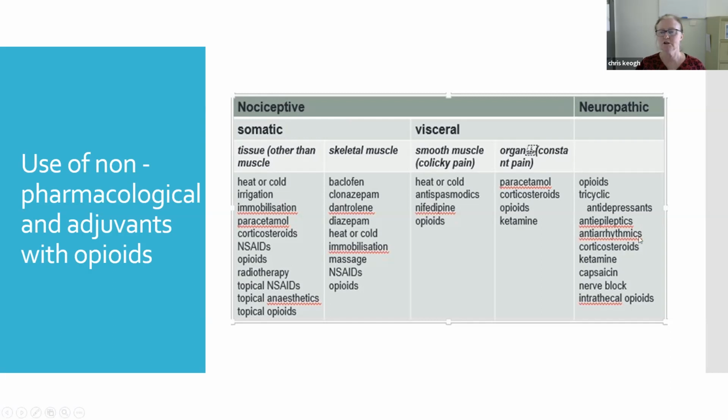I've never used those myself, but they say that they can be used for neuropathic pains. Steroids, ketamine, capsicum spray, I think that is, nerve block, and intrathecal opioids. So quite a large range of different types of medications that can be used, or different types of pain management strategies.